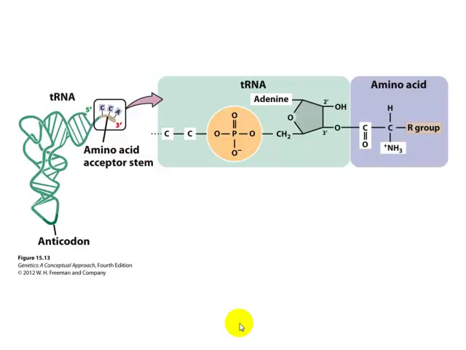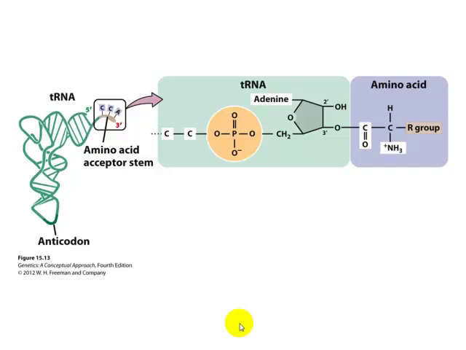This whole tRNA is going to be recognized by the enzyme, and it's going to put one specific amino acid onto this last base, which is the adenine. Here, at the C3' carbon, you're going to have this bond that binds to your amino acid.